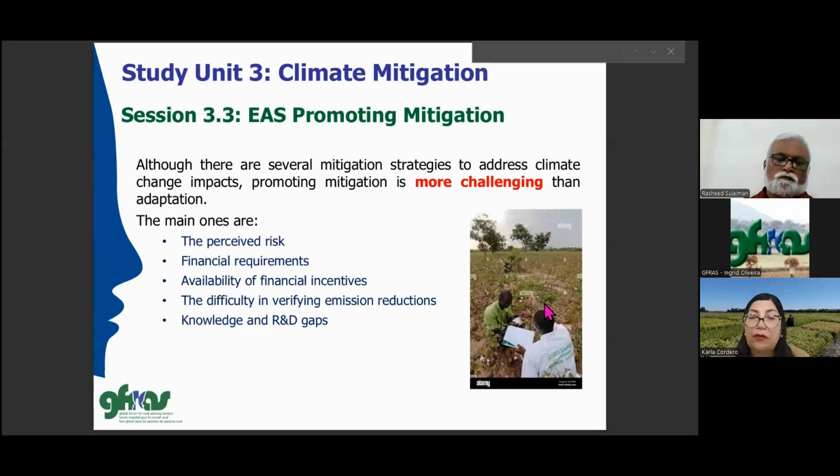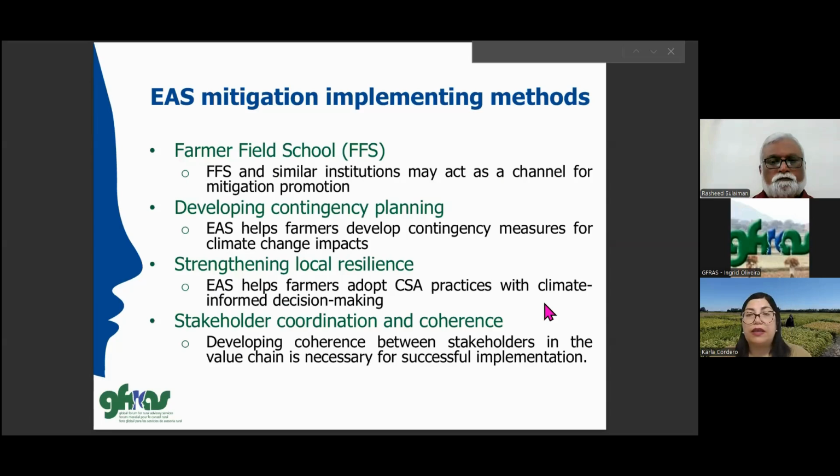There are financial requirements that poor farmers cannot easily reach. The availability of financial incentives is not frequent. There is difficulty in verifying emission reductions, how we do the monitoring, reporting, and verifying process. And there are also gaps in knowledge and in the research and development state.